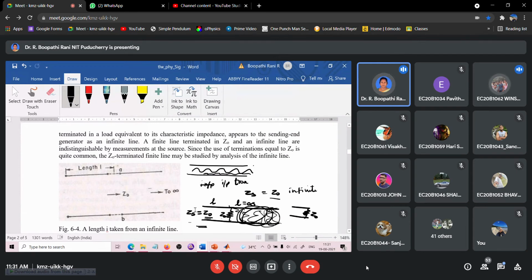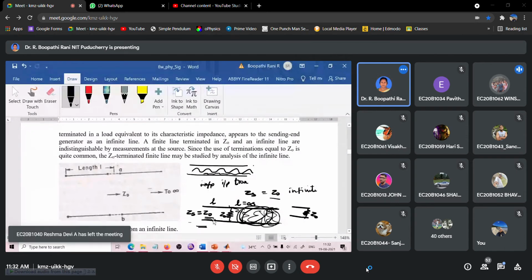Yes, ma'am. We have seen the proof. Is there any use of having Zs equal to Z0? No, we are not making Zs equal to Z0. We are getting Zs as Z0.